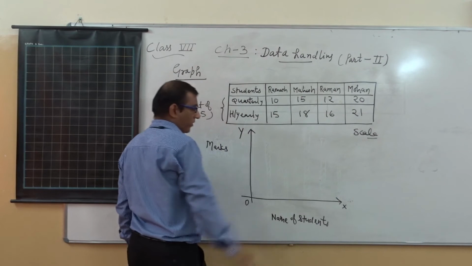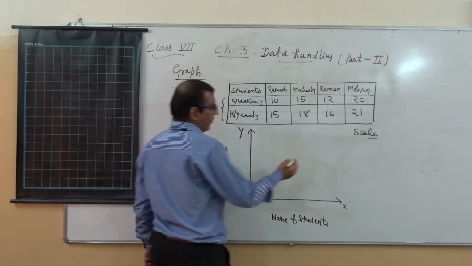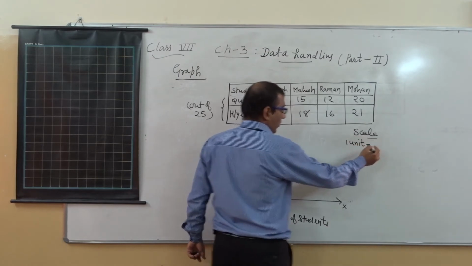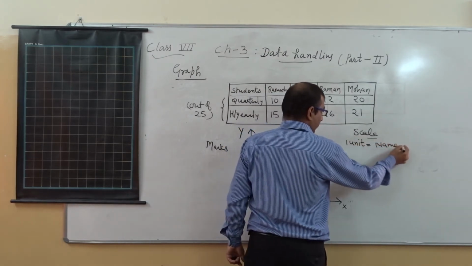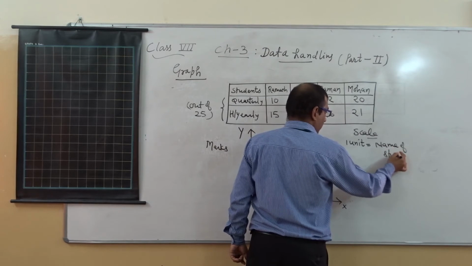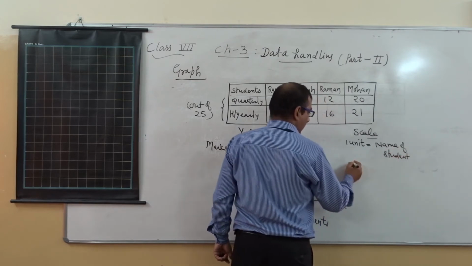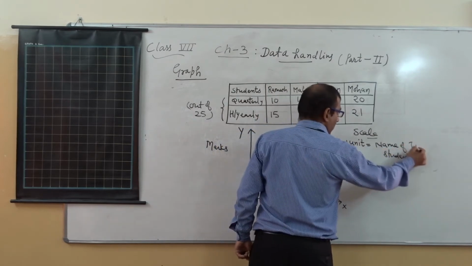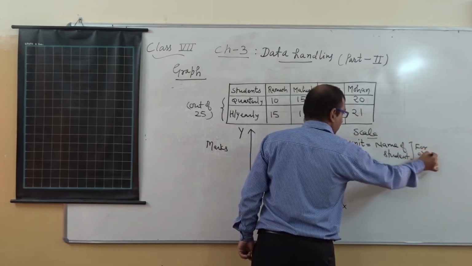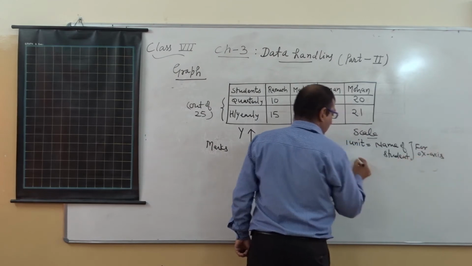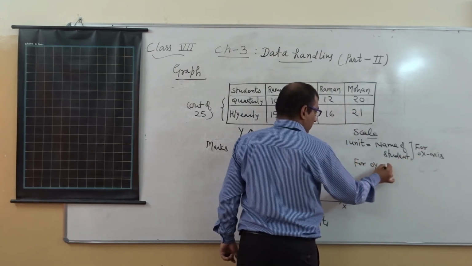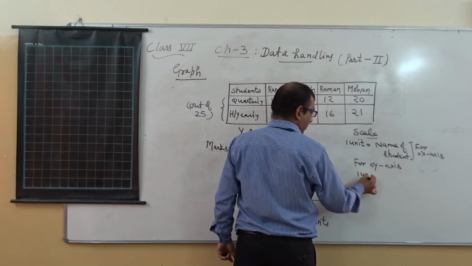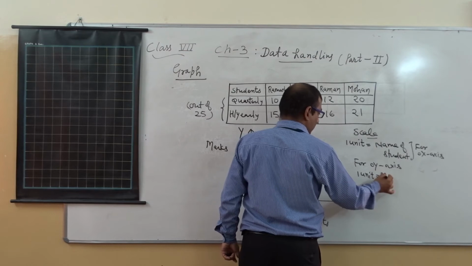So we will denote here. Again, on the OX axis, which is our horizontal axis, we will take 1 unit equal to the name of a student. And for the OY axis, I will take 1 unit equal to marks.